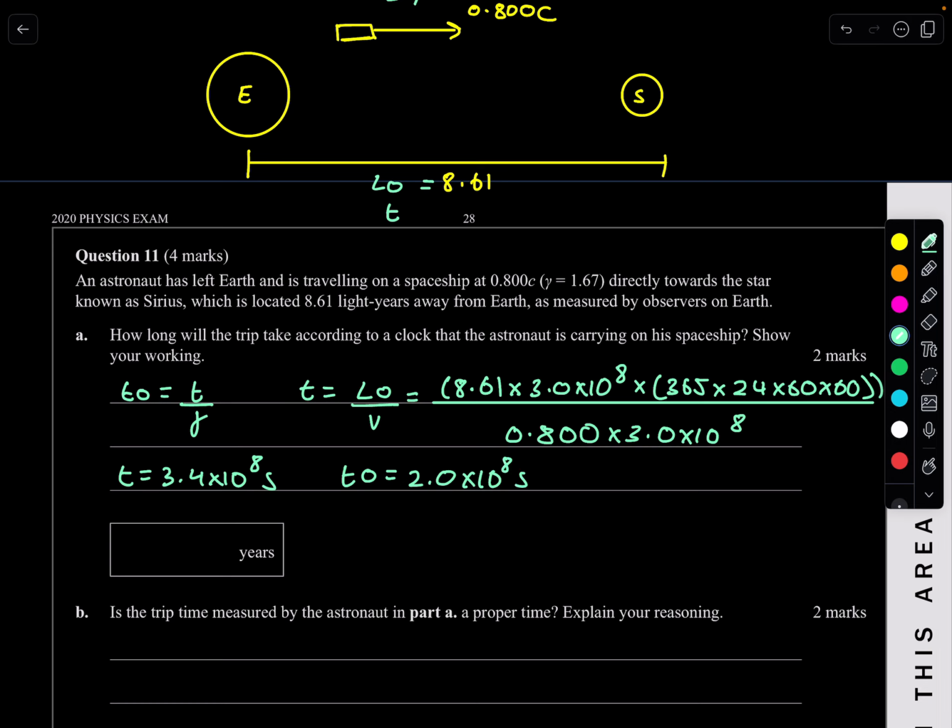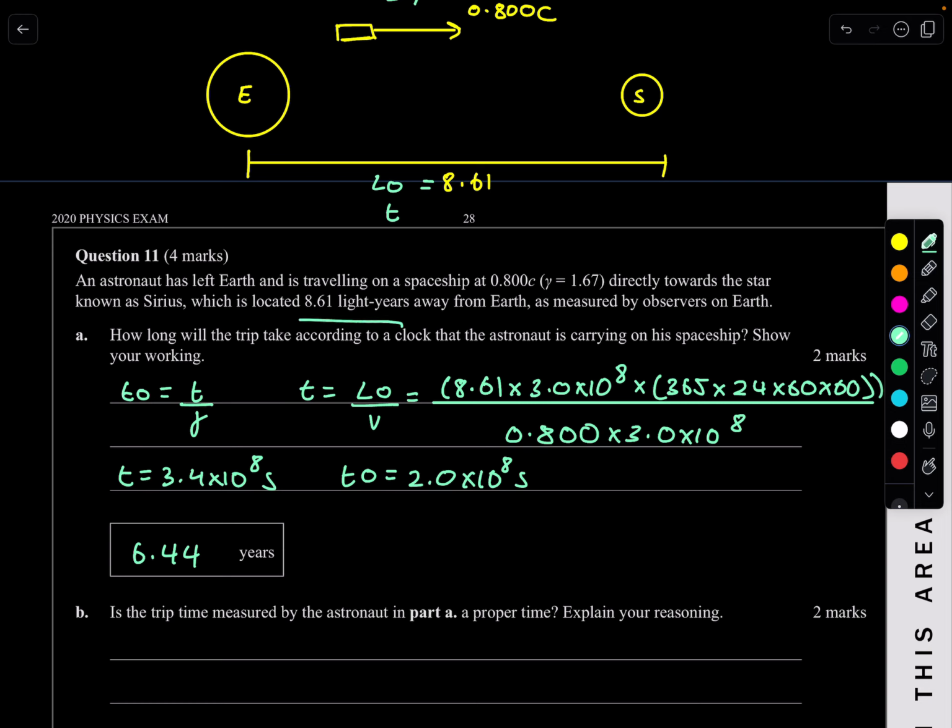But we want it in years, so divide by 60, divide again by 60, divide by 24, and divide by 365. That gives me 6.44 years. I mean, that is such a long question for 2 marks.